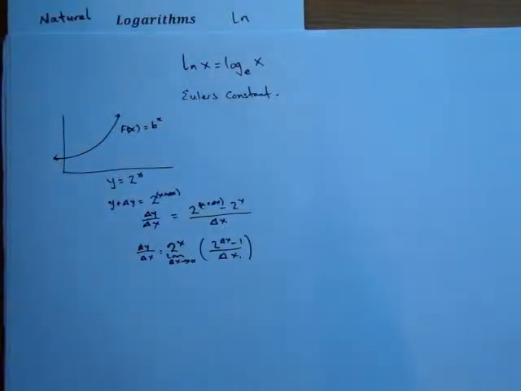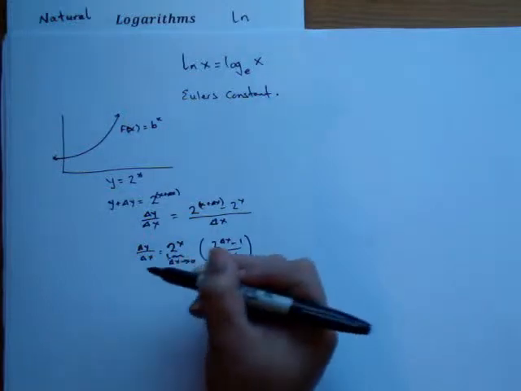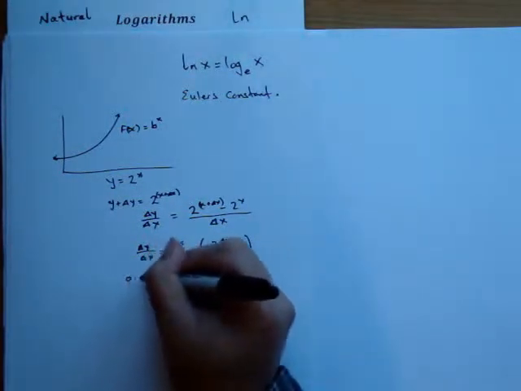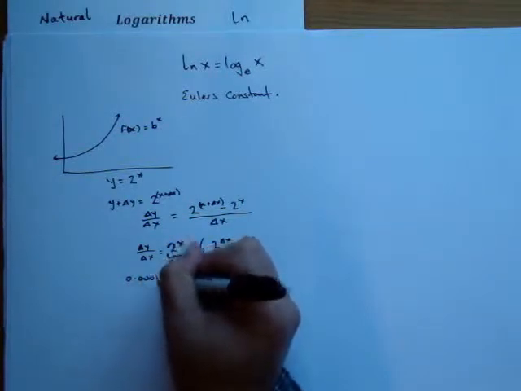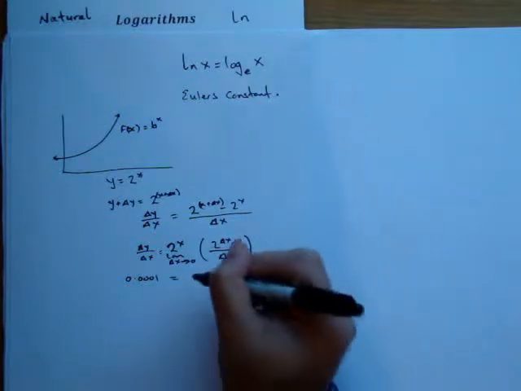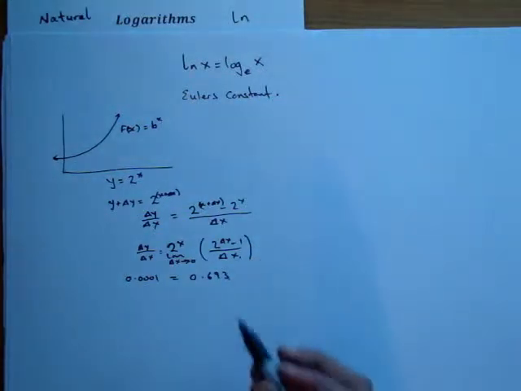So if we put 0.01 into the equation, we get an output of 0.693, where b is 2.